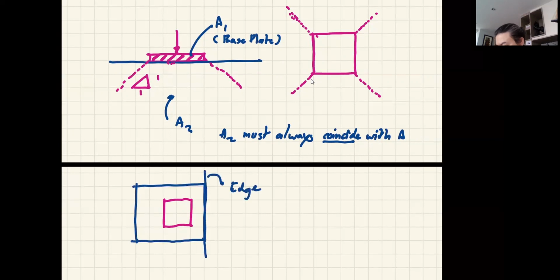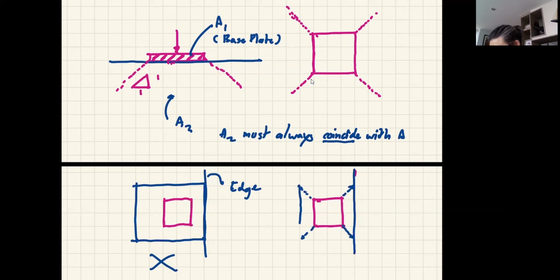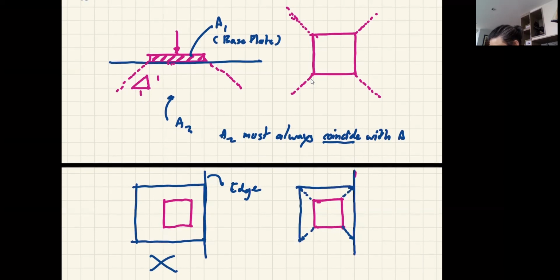This is wrong. If I have the A1 like that, and that is the edge of the concrete, using the same scale, this goes out 45 degrees, so it hits here. It hits here. So that means this can go out the same distance, and that will become your A2. Now, like this, the two areas coincide.